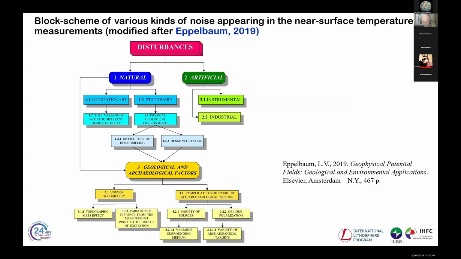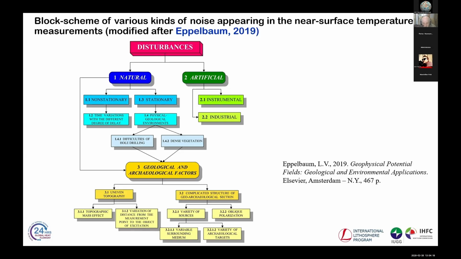Okay. In this block scheme are compiled the disturbances appearing in the near surface temperature measurement. They are divided into natural and artificial. Artificial is instrumental, second industrial.